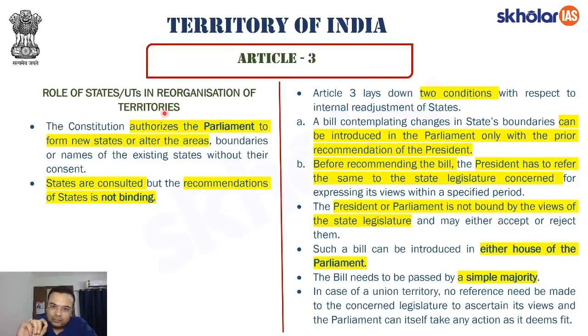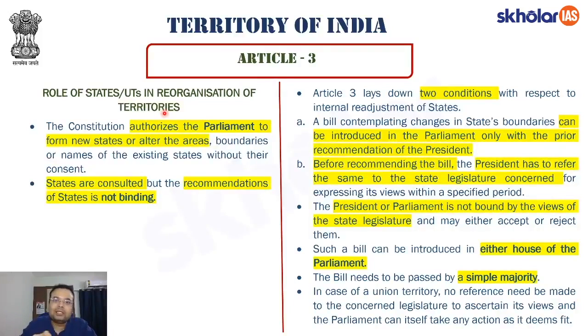But is there a role of the state government in which such changes are being done? For example, we recently saw changes made to the state of Andhra Pradesh, where it got broken down into two states. Is there a stake, is there a participation of the state government of Andhra Pradesh with respect to these matters? Can they have a vote on what needs to be done? Are they agreeing to it? Are they not agreeing to it? Do they have the power to change it?